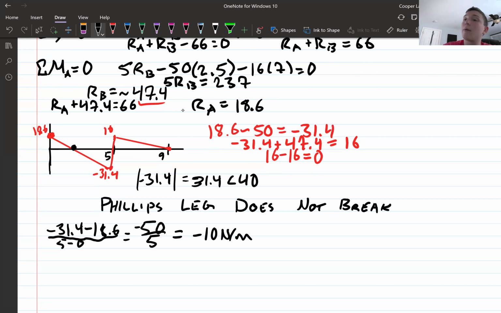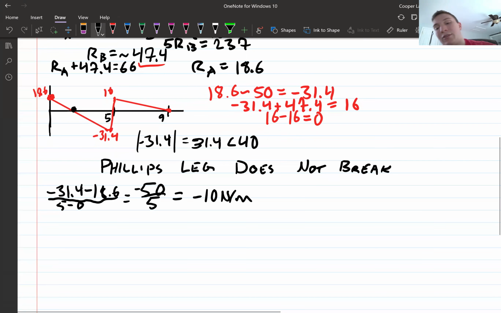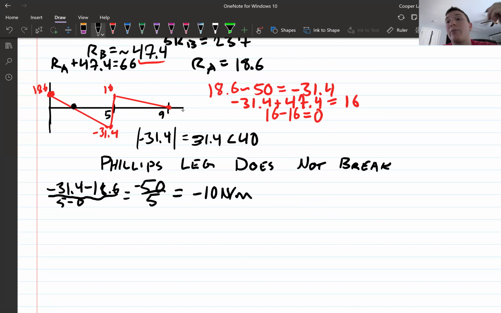So now I can use this to solve for where it equals 0 by plugging it into the equation y equals mx plus b, because I already know my m, so y equals negative 10, because that is my slope, x plus b. B is my y-intercept, which is 18.6 here. So now I'm solving for when y equals 0.